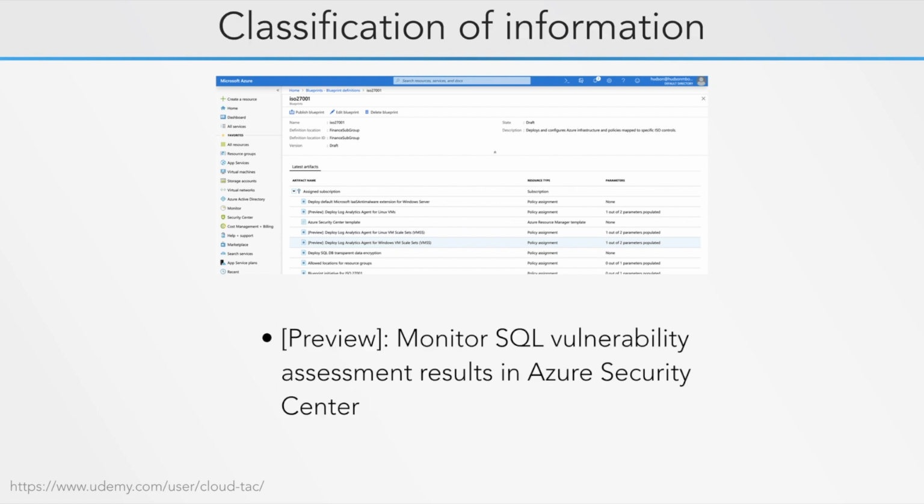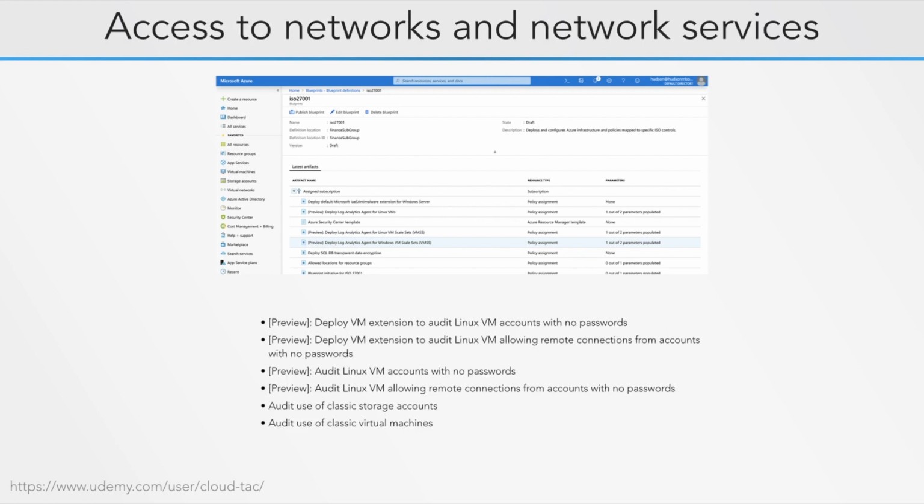Azure's SQL Vulnerability Assessment Service can help you discover sensitive data stored in your databases and includes recommendations to classify that data. This blueprint assigns an Azure policy definition to audit that vulnerabilities identified during an SQL vulnerability scan are remediated. Azure implements role-based access control to manage who has access to Azure resources.